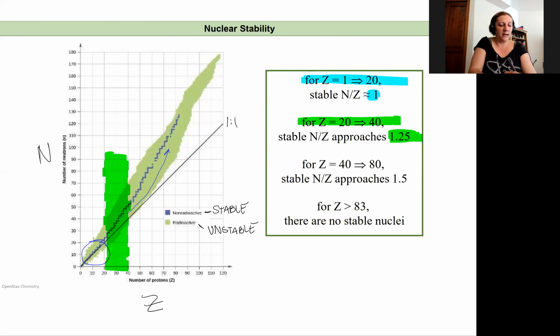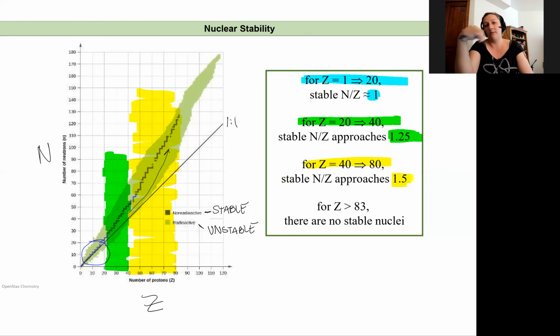Then looking at 40 through 80, these ones right here, we'll find that a ratio of about 1.5 neutrons for every proton gives us our most stable arrangement within a nucleus. And anything above 83, there's nothing that's actually stable. It's too heavy to be stable. And so these all here are all unstable.